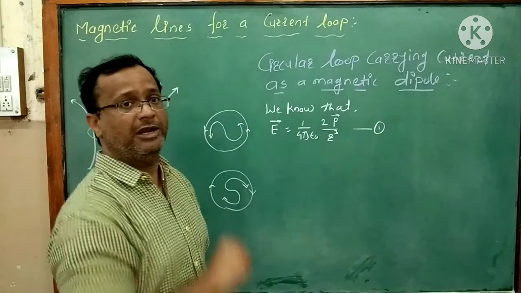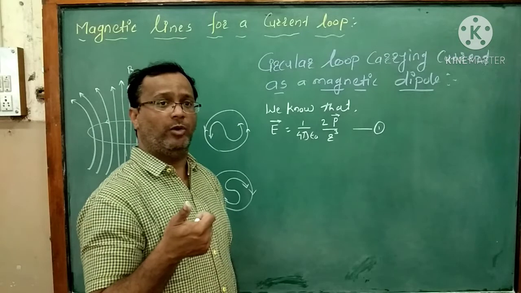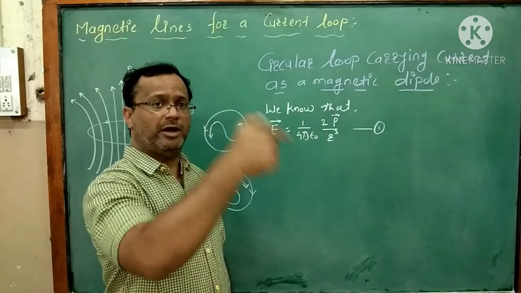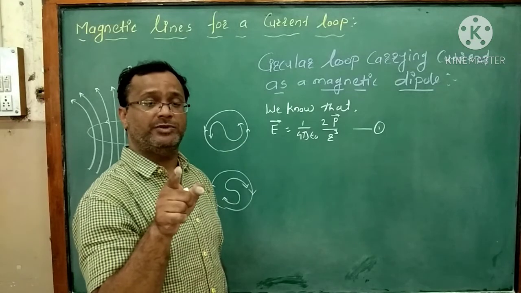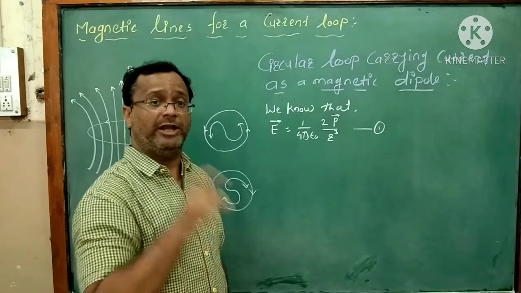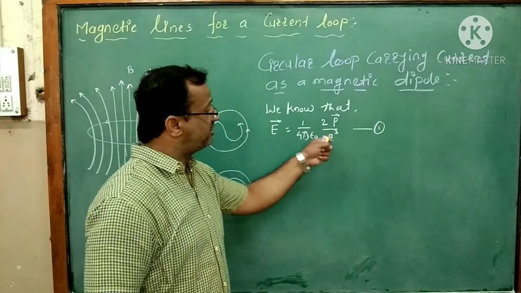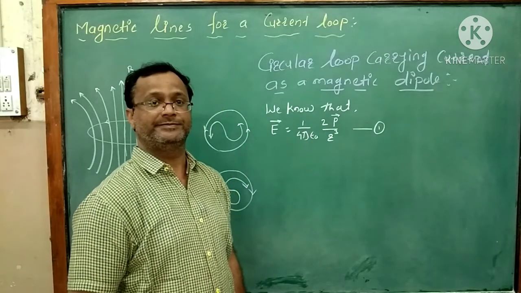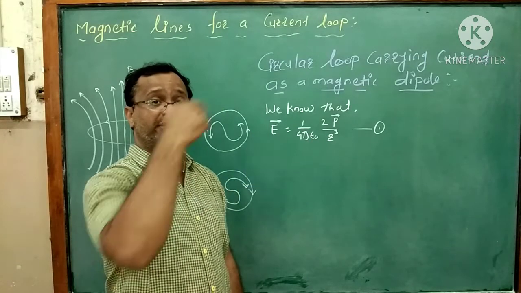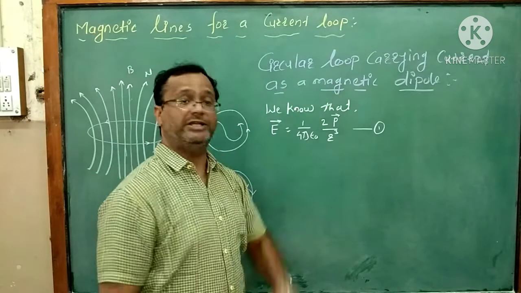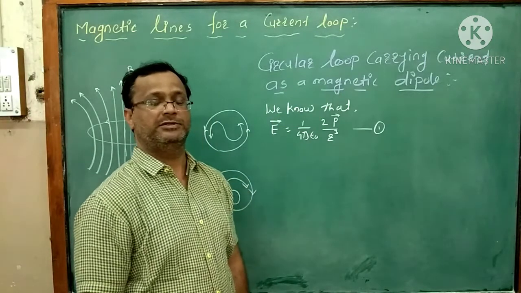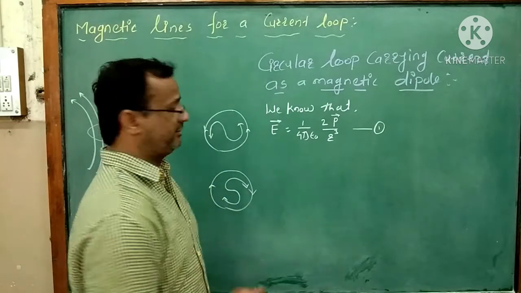Similarly, now we want to find out: if current is flowing through the circular loop, its magnetic field is produced, and that magnetic field gives the same form of equation, meaning the circular loop behaves like a magnetic dipole.